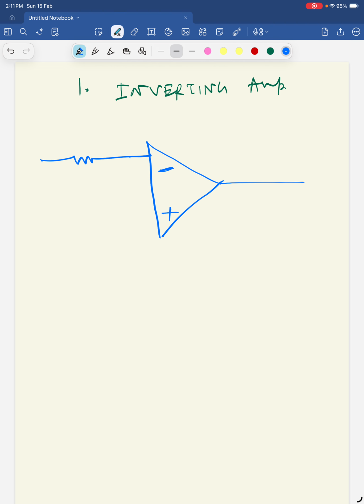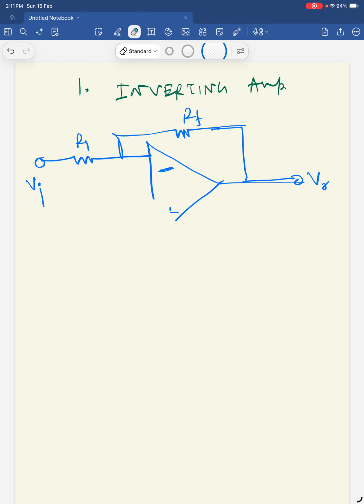Here this is input resistance R1, this is feedback resistor RF, and this is output V0. Here we will apply input voltage Vi. This terminal should be connected to the ground, so the non-inverting terminal is connected to the ground.